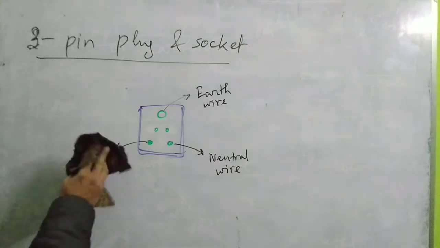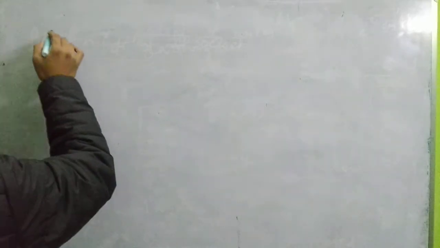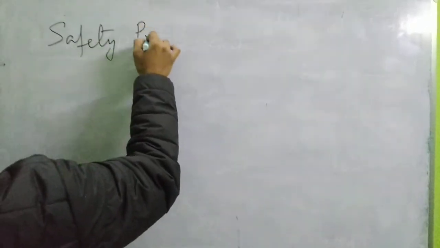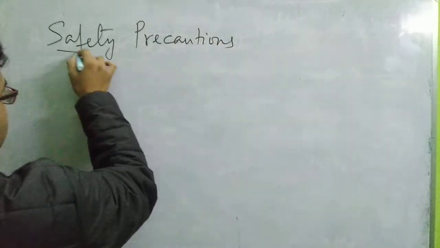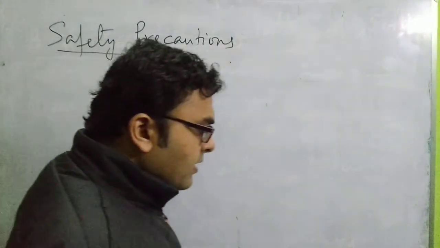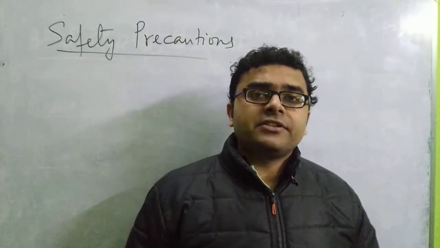Now let us quickly move on to the last topic of today's lecture, or rather the last topic of this chapter. It is the safety precautions. What are the safety precautions? You have read these many times. What are a few of the safety precautions that you must be careful about while using any electrical appliance or electrical energy?